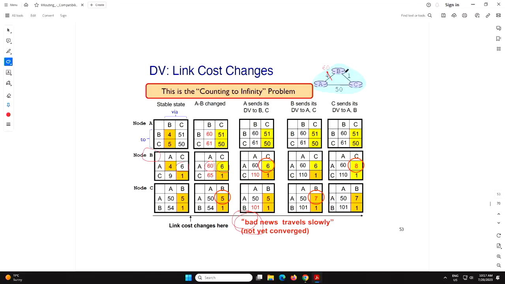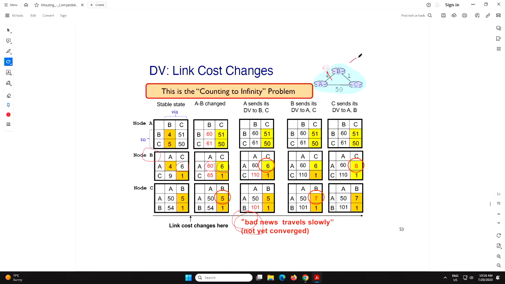And then C thinks that, oh, the cost is 6, so the next time, in another exchange, 2 will be added, going to B, and then B thinks it is going via C again, so the cost becomes 8.